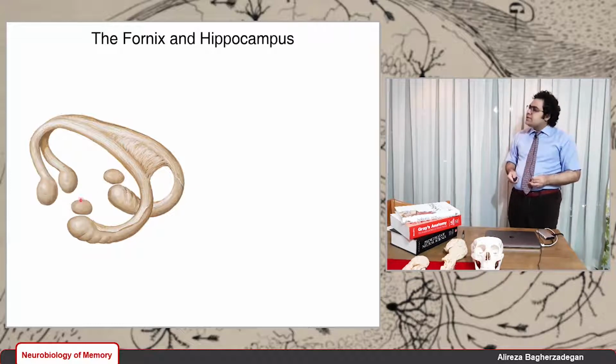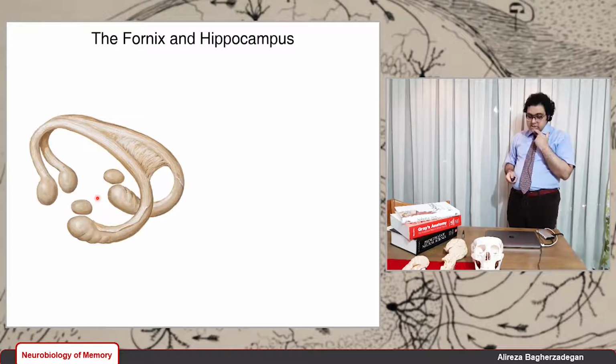This is the amygdala, one of the structures related to the hippocampus indirectly, and to the limbic system. These are the mammillary bodies of the hypothalamus.